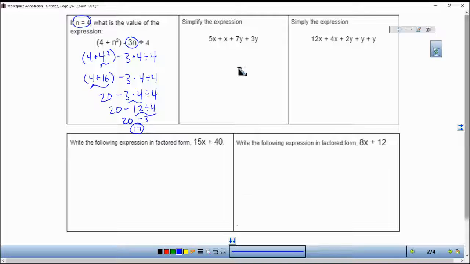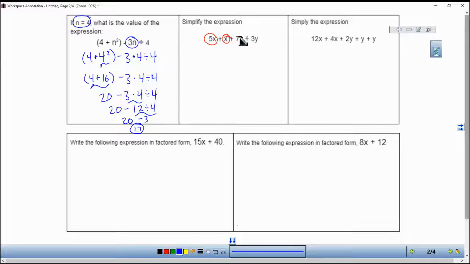Okay, the next couple here are actually simplifying. And when we simplify with an algebraic expression, we can only combine what are called like terms. So here we have 5x's and an x, and 7y's and 3y's. We can only combine together the variables that are the same. So I'm going to circle the x's in red.